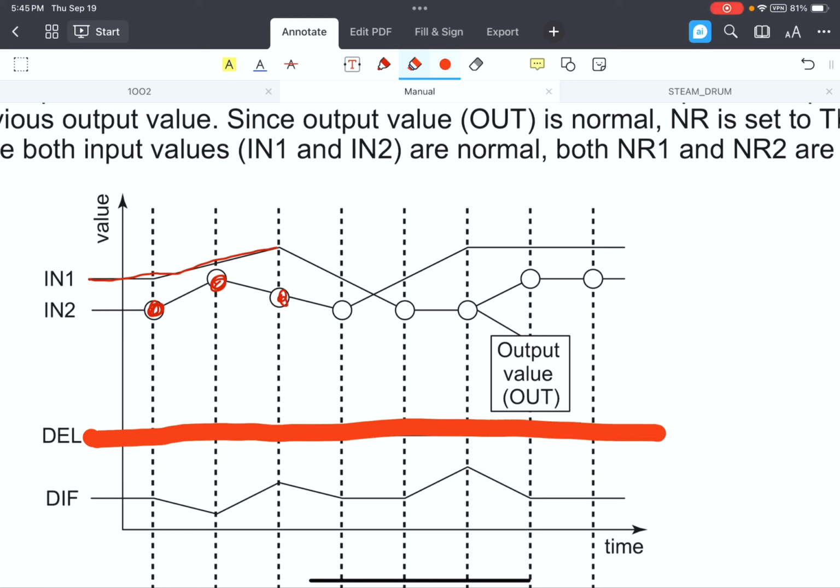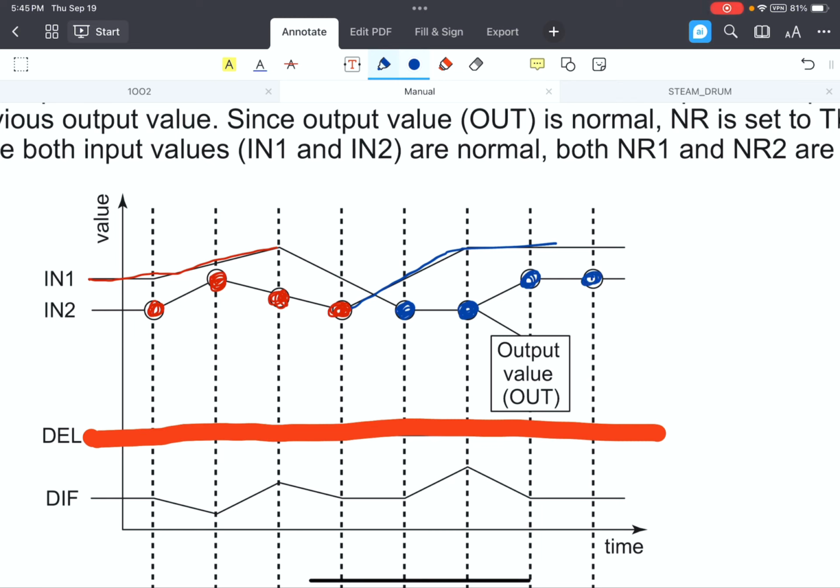The difference is controlled. We can see that the circles are the previous output, and from here input 2 is increasing and input 1 is decreasing, and here we will report input 1 as the output of the block.